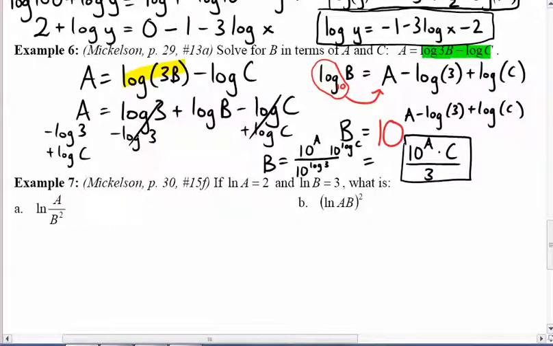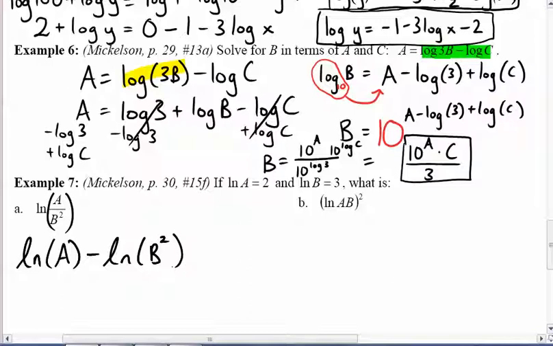Now, logarithms work in base 10, but they also work in other bases. So you can also use base e. The rules still apply. So if you have two things being divided inside of one log, or ln, then that's the same as ln a minus ln b squared.